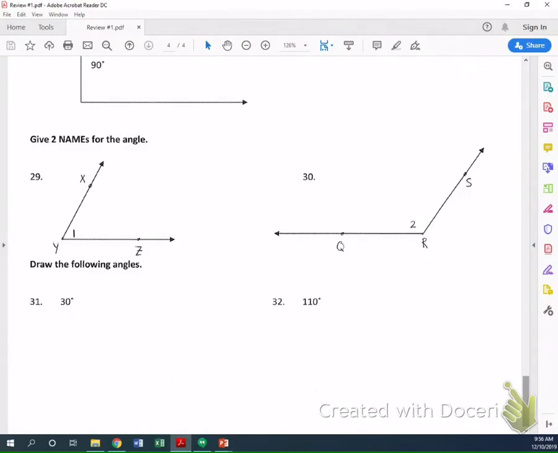All right, give 2 names for the angle. There's actually 4. Does anyone know what they are? How can I name that angle in number 29?